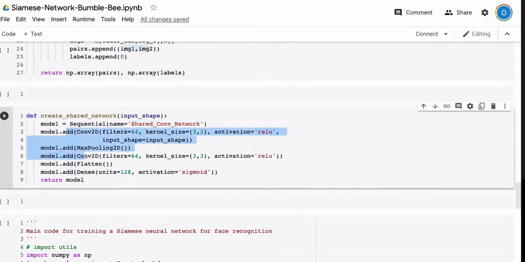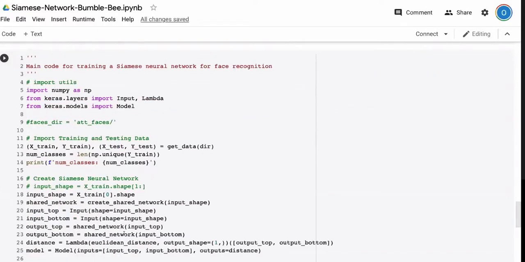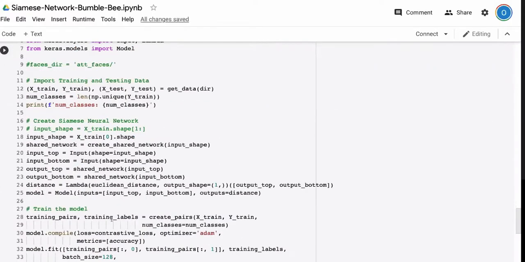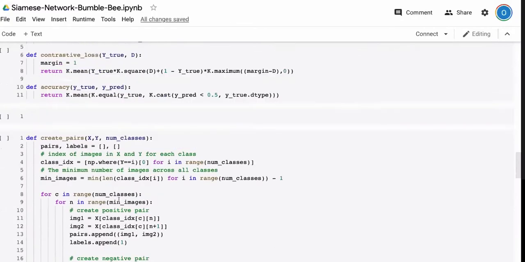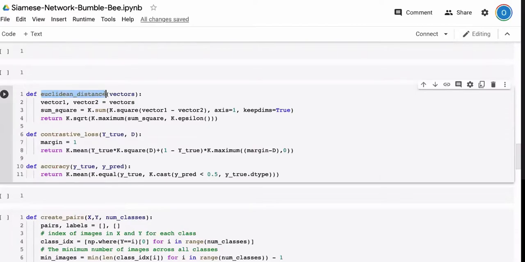They are using Conv2D here, just two convolutional layers as intermediate layers. It's pretty straightforward, and with that, you can train. Now, there are a number of functions being used, like the Euclidean distance, to measure how different the two output vectors are, as well as the contrastive loss.